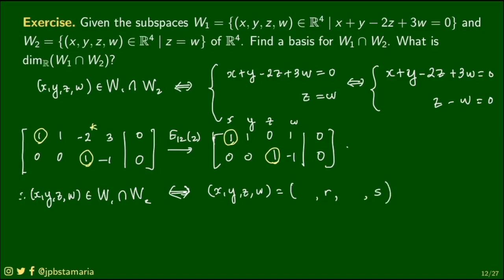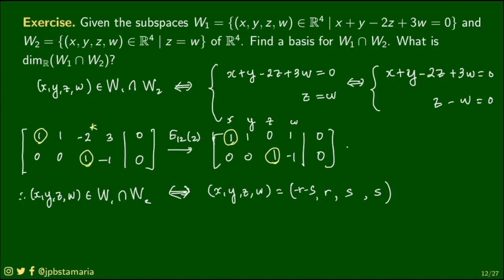If y is r and w is s, how do you solve for x? You look at this equation: x is minus y minus w, which is minus r minus s. And if you want to solve for z, you look at this equation: z minus w equals 0. Therefore, z is w, so z is s.